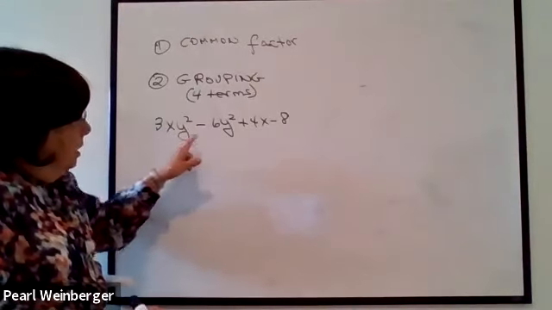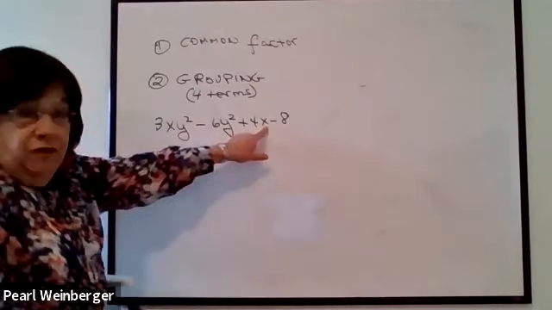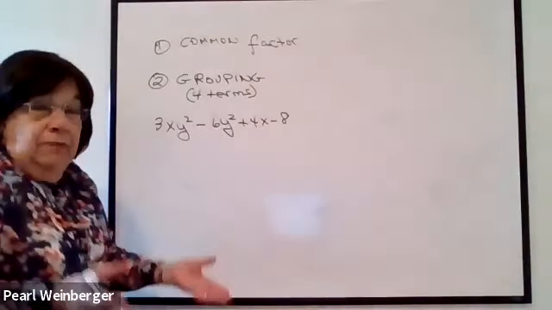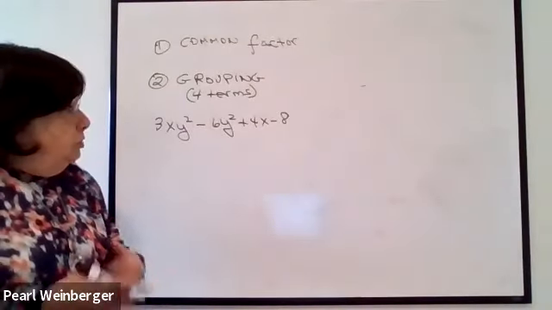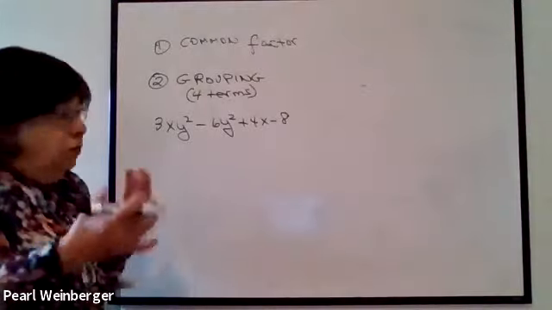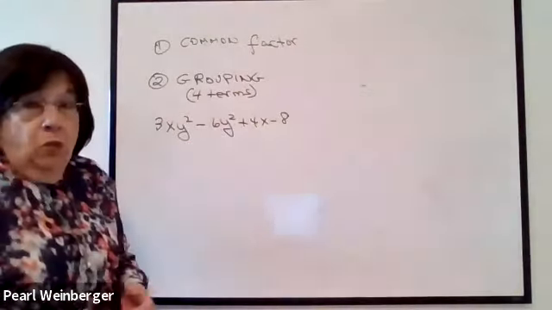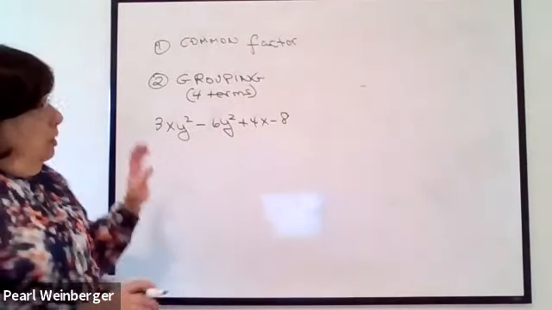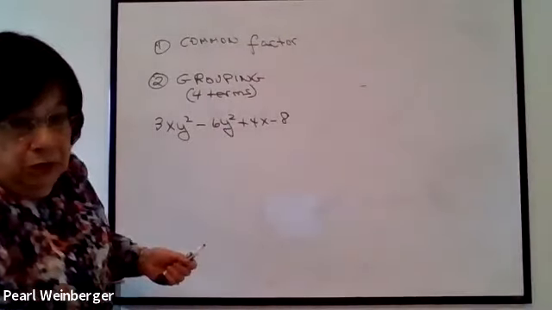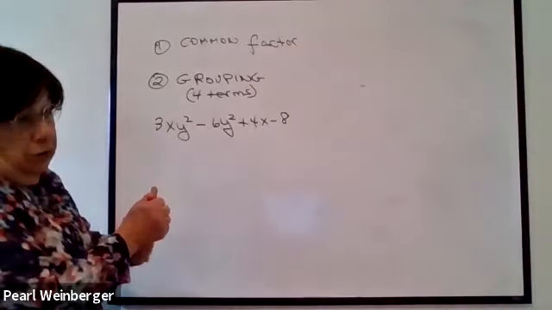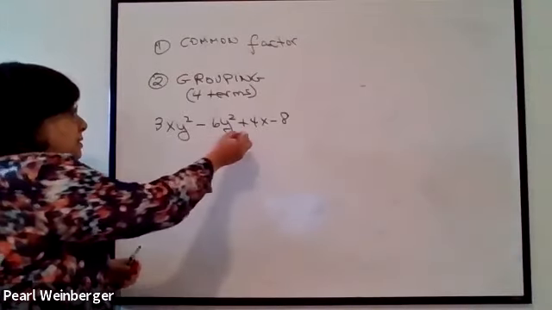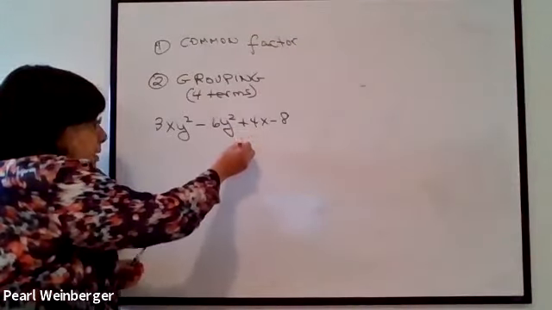And this has a y, and this has a y, but this has no y, so there's no common factor of y. So there's no letter or number that's a common factor of the whole expression. When that happens, what we do, it doesn't always work, but we try something called grouping.